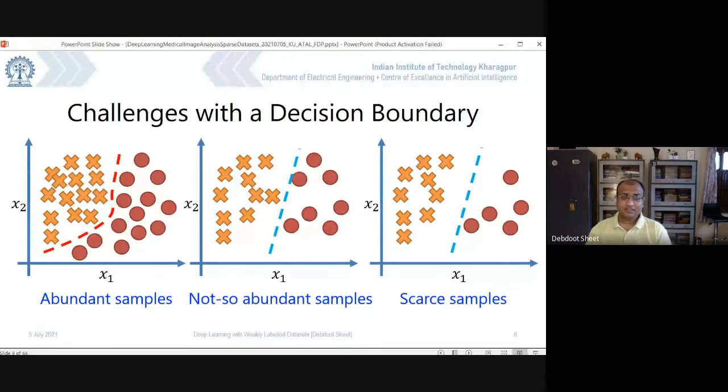When you have very scarce samples, there can be many possibilities of this decision boundary. This really brings a lot of problems, because you cannot ascertain a unique decision boundary. You will have a very tough time finding out which is going to be the unique decision boundary which will work out.